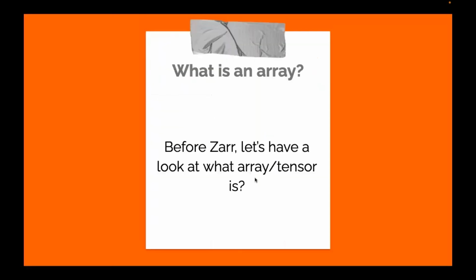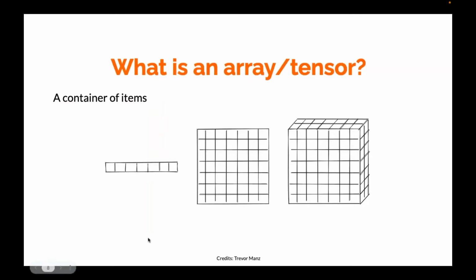So before Zarr, let's have a look at what an array or tensor is. I just want to start from the ground up and address an audience of all levels. Basically an array or a tensor is a container of items. An array could be single dimension, two dimension, or multiple dimensions.